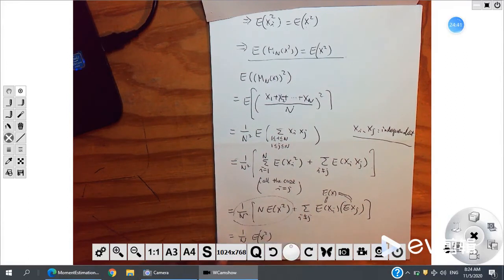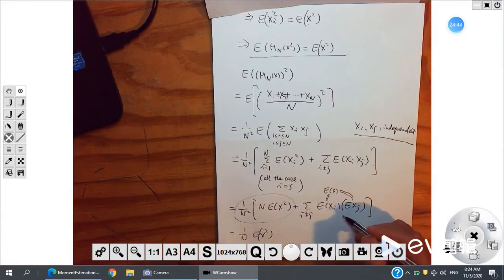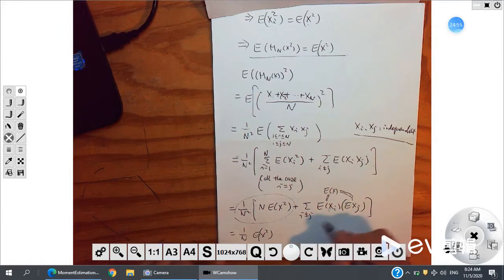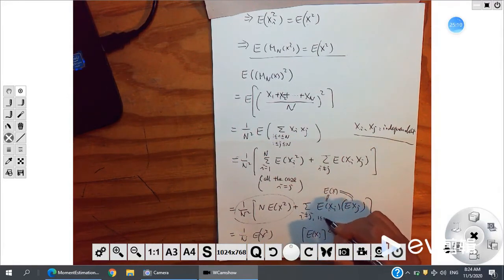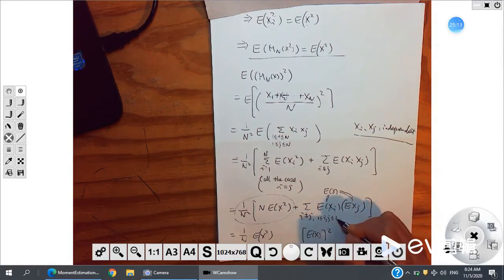And this part, how many terms do I have? Every term has both being E of x, so every term is E of x squared. And in total how many terms? i is not equal to j, and i and j take values between 1 and n.